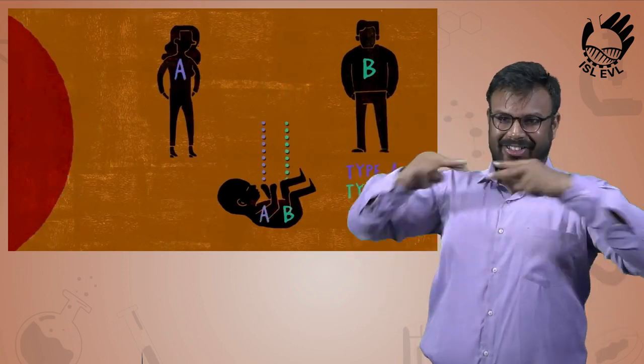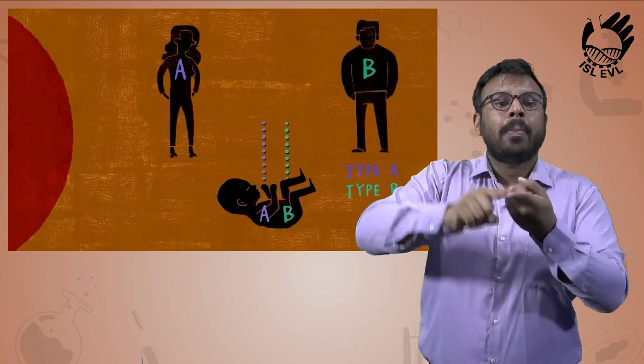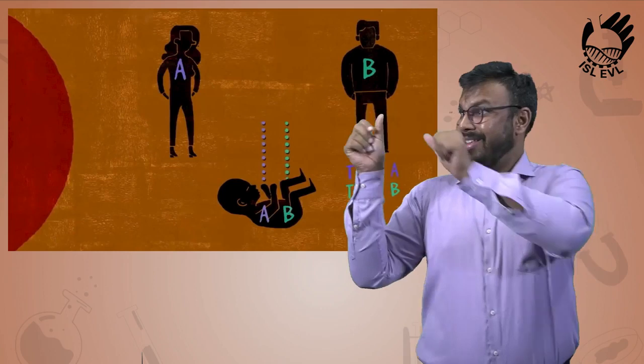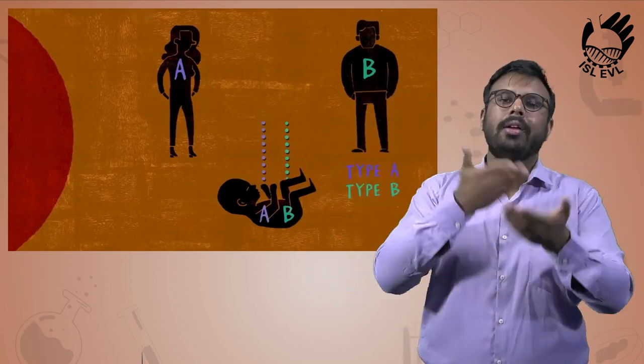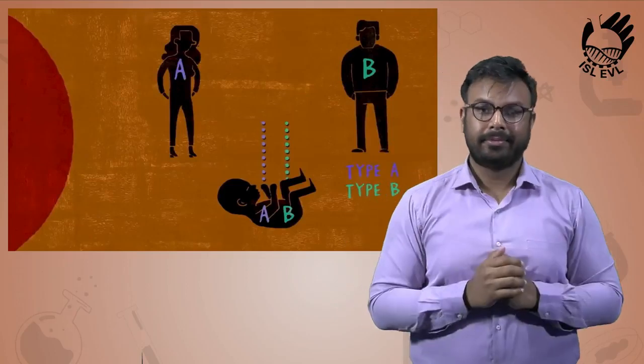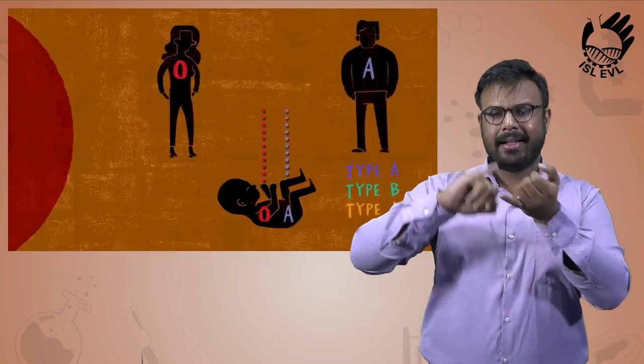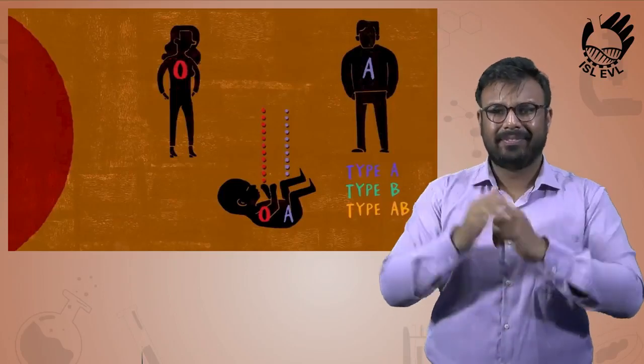If we inherit one of each, the resulting codominance will produce both A and B antigens, which will give us type AB blood group. The type O allele, as we learned, is recessive.